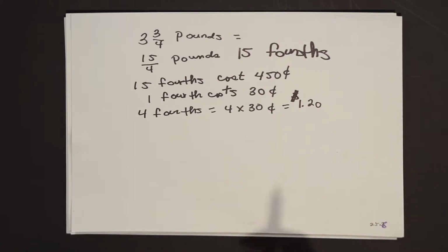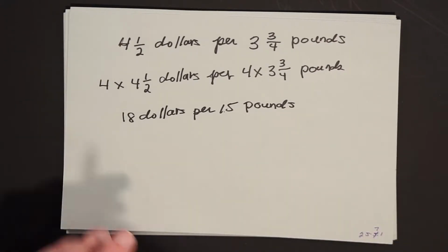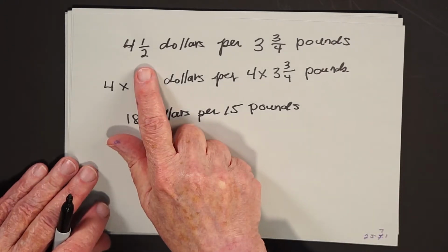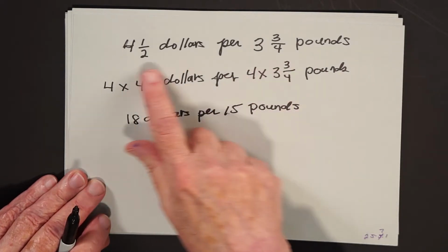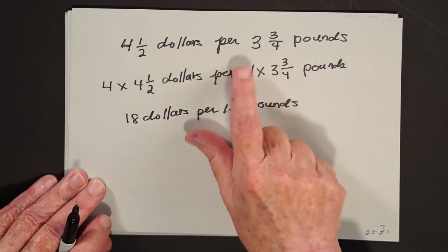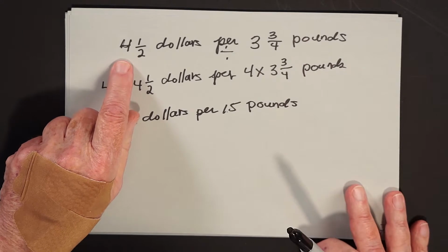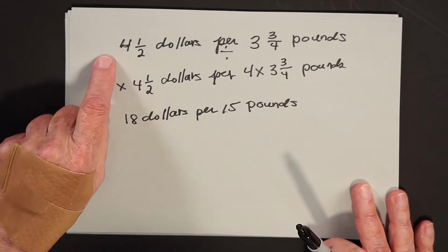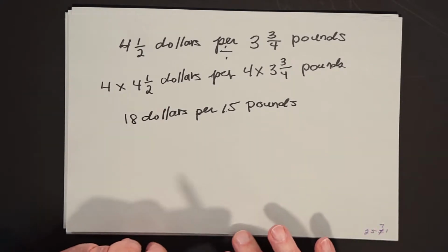You know, there's another way we could have done this that I think is kind of interesting. In this problem here, notice that if we were to multiply both of these numbers, remember that we can always assume there's a division sign here. When you multiply both numbers in a rate by the same number, you don't change the rate.